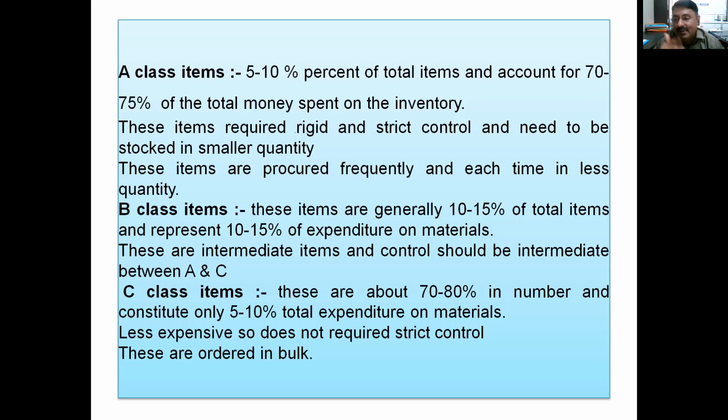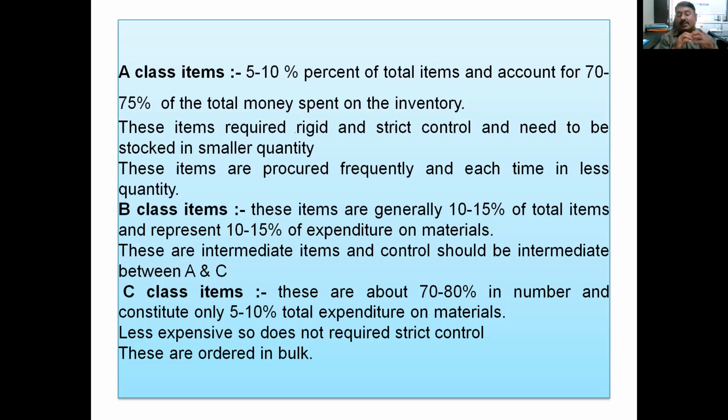Somewhat of a lower category, not as A and not as C. And C-class items are about 70 to 80% in number and constitute only 5 to 10% of total expenditure on materials. So C-class items are more in number, but constitute only 5 to 10% of total expenditure on materials. They are less expensive, so they do not require strict control.